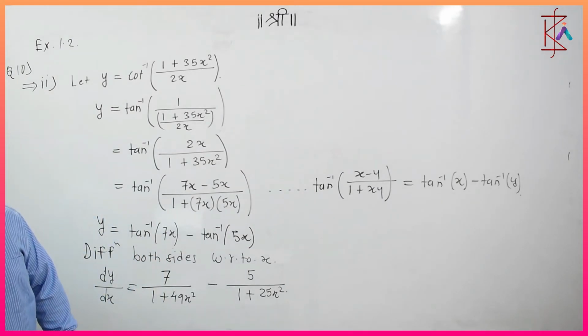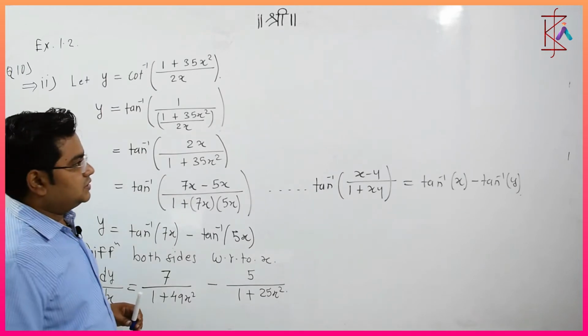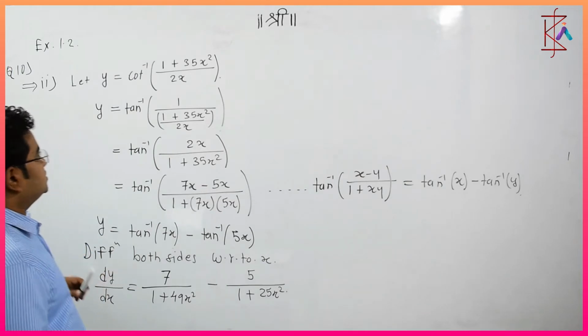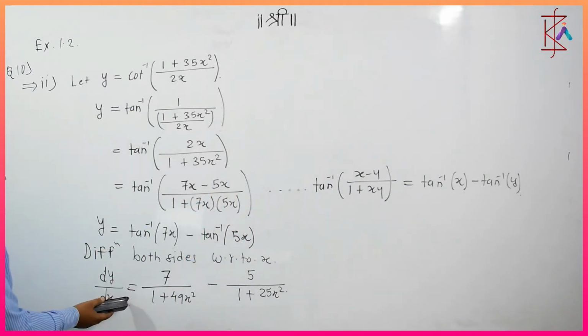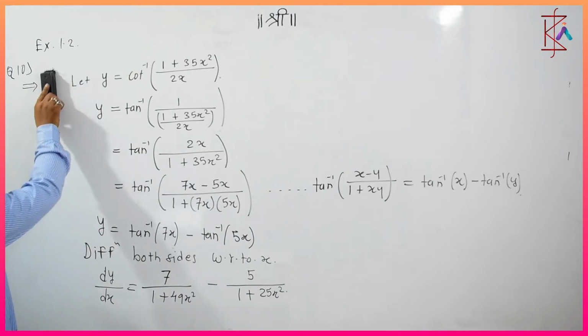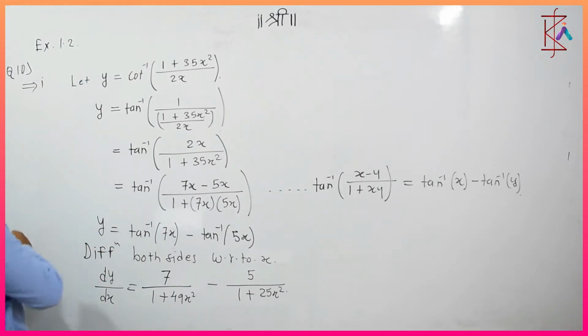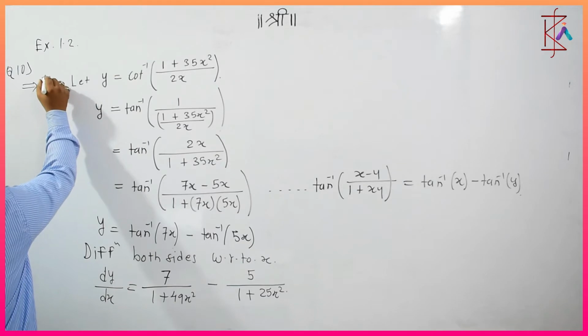So what is the further question? Question number 3: tan inverse of 2 under root x divided by 1 plus 3x. This is again the same and similar formula we need to apply here. So no need to get confused. It's the same question, just the change of rule. So this rule will be applied for this, and this is the final answer for question number 2. Now I am solving question number 3.